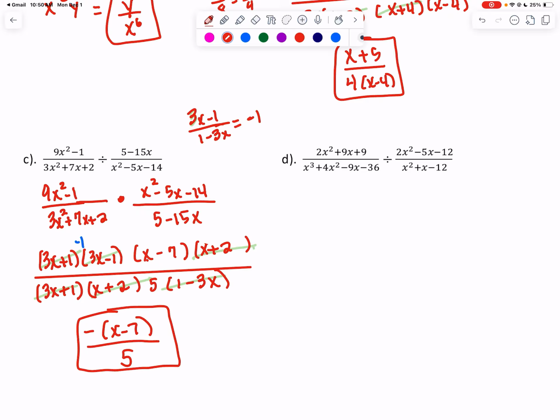All right, problem D. Let's first begin by rewriting this as a multiplication problem. Do not change that first fraction.